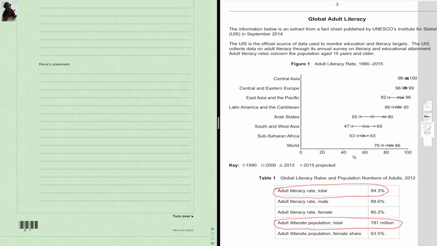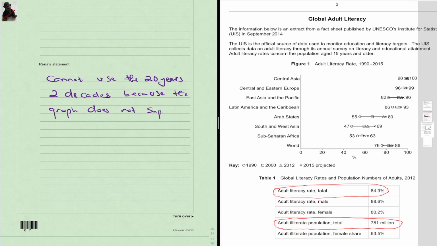Regarding Rina's statement, the graph doesn't cover a 20 year period, so we cannot use the 20 years, or 2 decades, because the graph does not support the data.